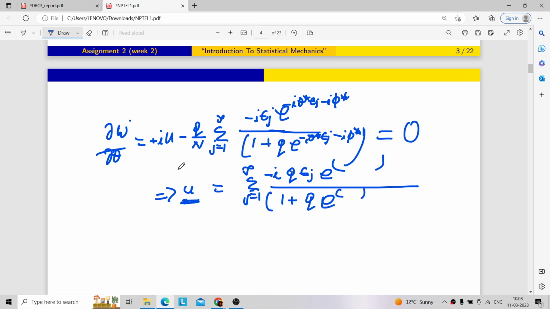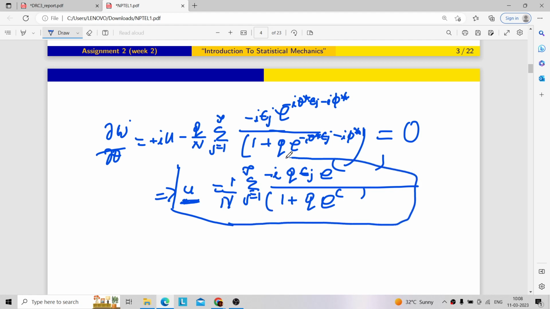See, there should be n in the denominator, so I will write this one by n. So we found something interesting from here in terms of this theta and phi.